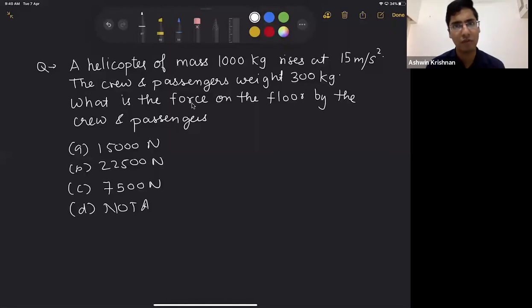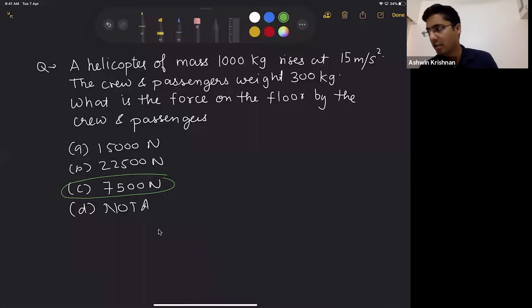So most of you, 45 of you have voted, which is very less, guys. Come on, wake up. And the majority answer seems to be C, which is the correct answer. The correct answer is C, 7,500 Newton.